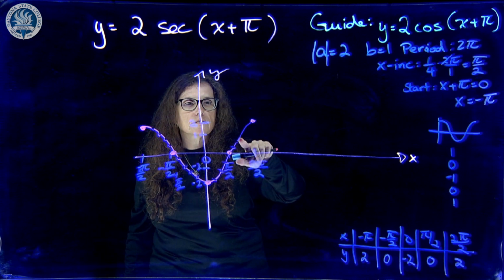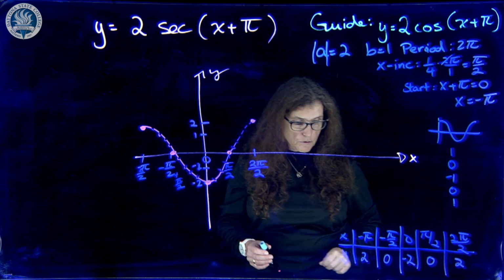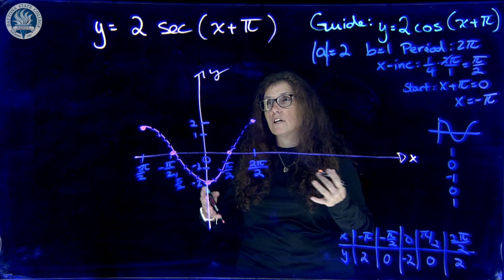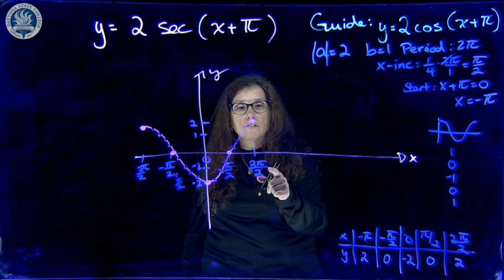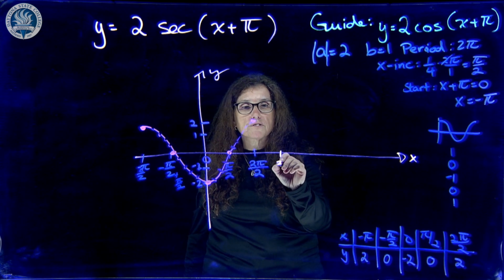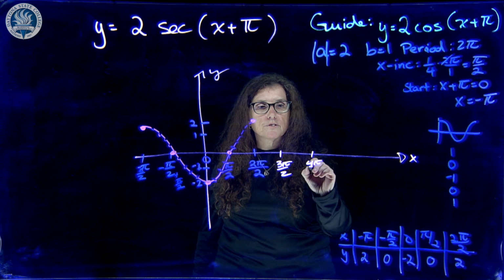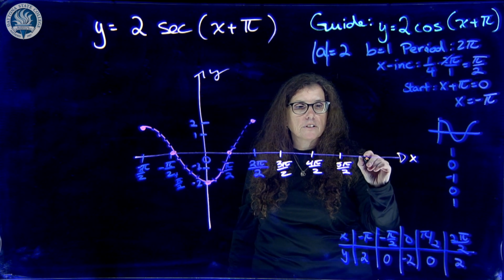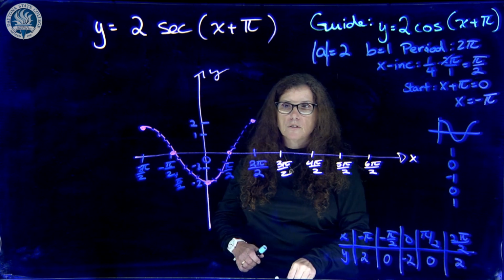cosine, because the one that we actually need to graph is the secant function. Now what I'm doing is I'm adding another period to it, so we have a good representation of our secant. 2 pi over 2 plus pi over 2 is 3 pi over 2, 4 pi over 2, 5 pi over 2, and here we have 6 pi over 2.